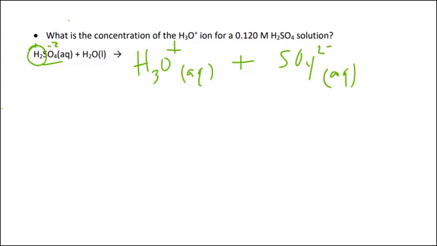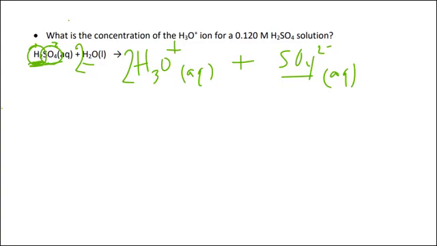So when we go to balance this reaction, we can say, okay, I have an SO4 on the left, I have an SO4 on the right. Okay, that's good. But on the left I've got 2 H's plus 2 H's is 4 H's, and on the right I only have 3. So we can say, well, the 2 H's that this wants to give away need to create two hydroniums.